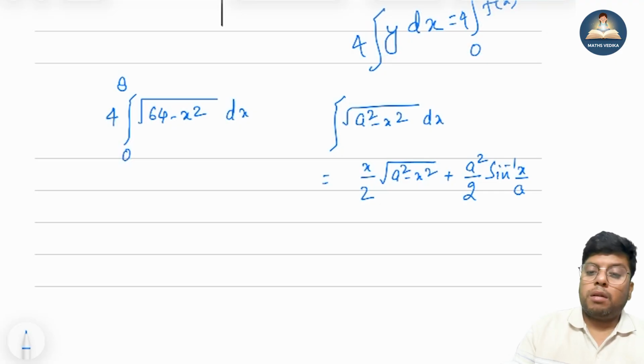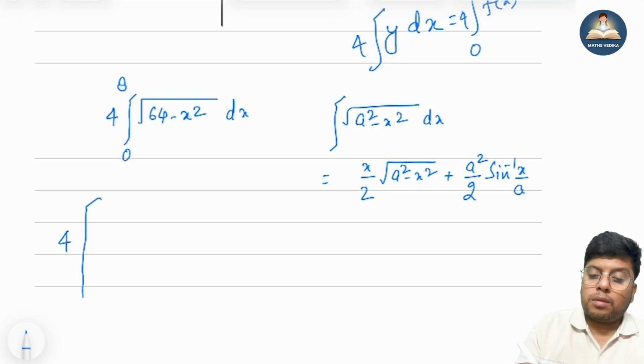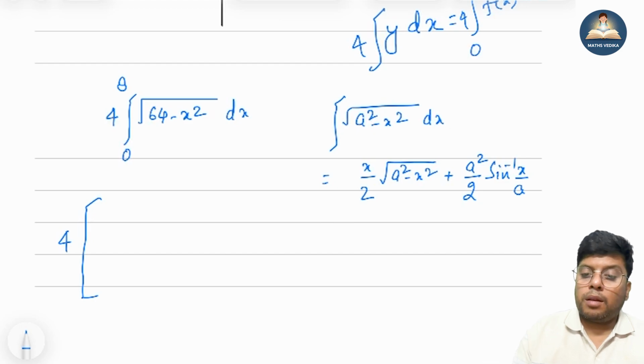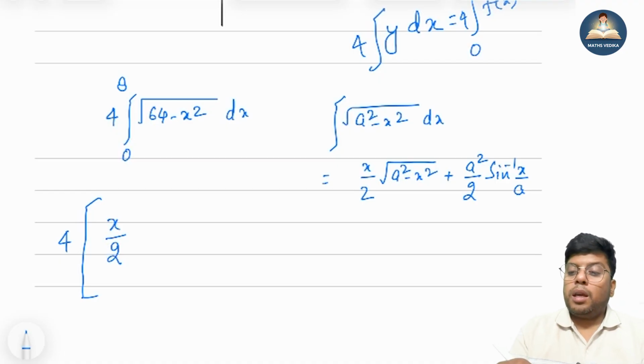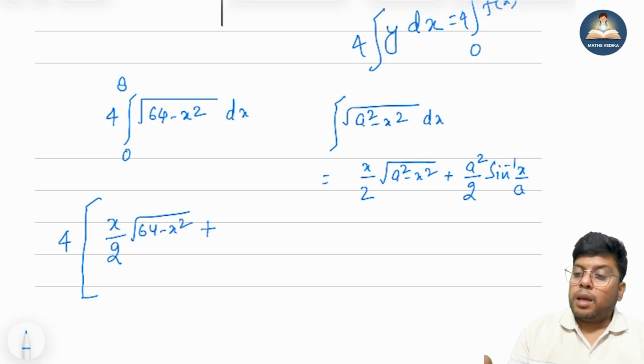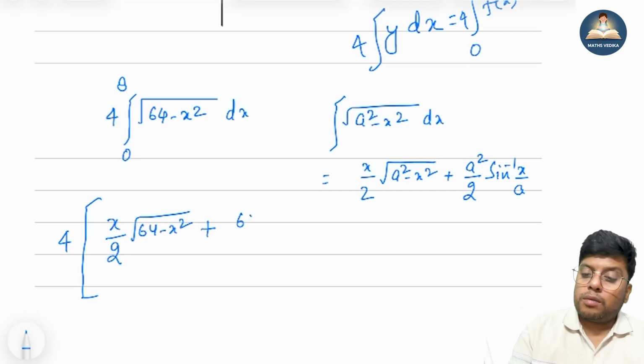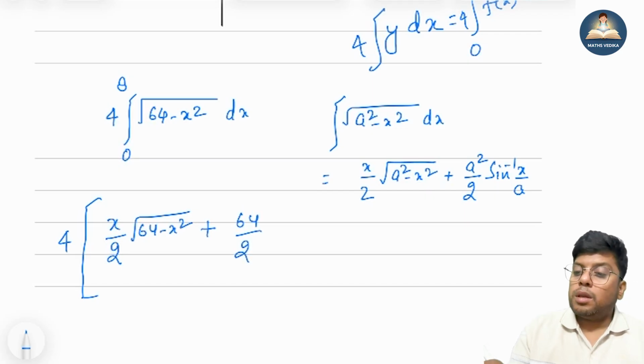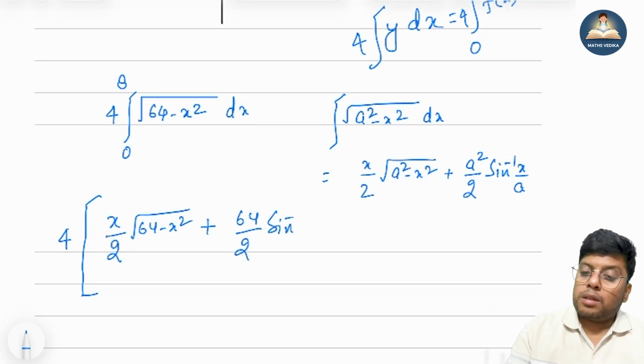So we'll apply this formula. 4 into x by 2 root under 64 minus x square plus 64 by 2 sine inverse x by a.